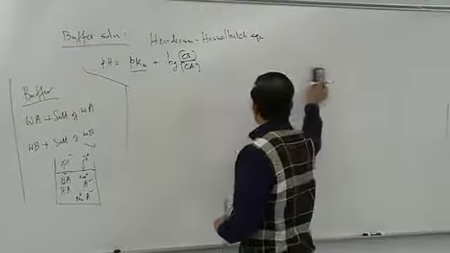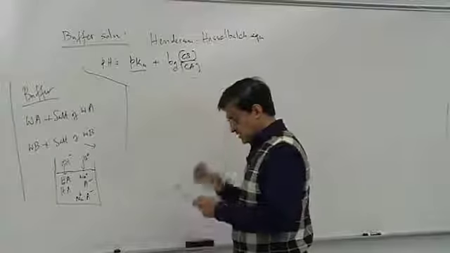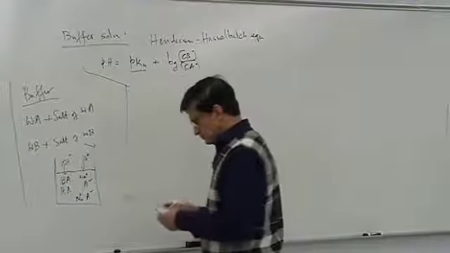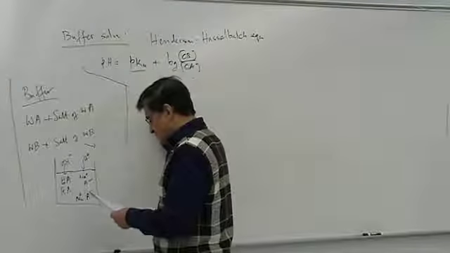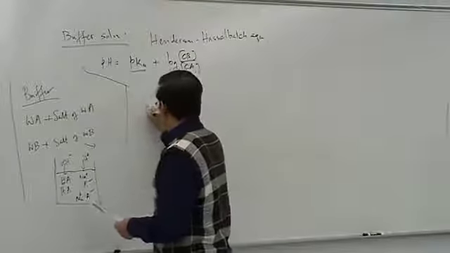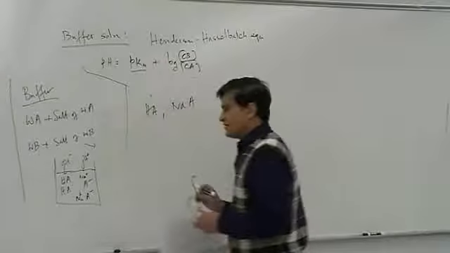Now let's try another one. Say I'm adding acetic acid and sodium acetate. I can write this as HA and sodium acetate. Will it give you a buffer?